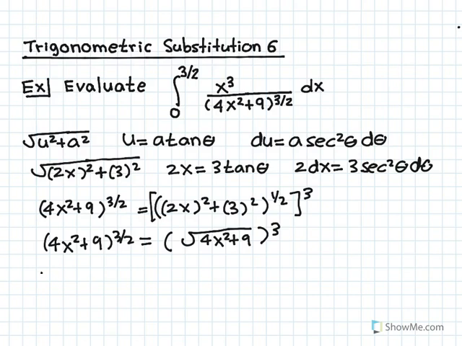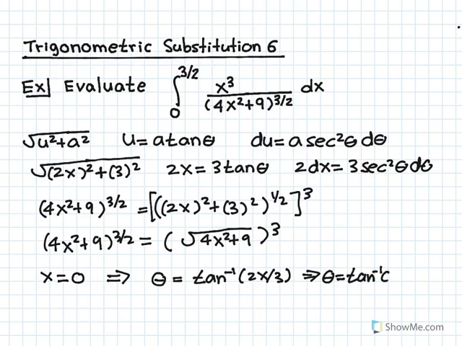The lower limit is x equals 0. We plug that into theta is equal to tan minus 1 of 2x over 3. Plug x equals 0 in, we get theta is tan minus 1 of 0. What is arctangent of 0? That is just 0. Now let's put the upper limit, x equals 3/2.